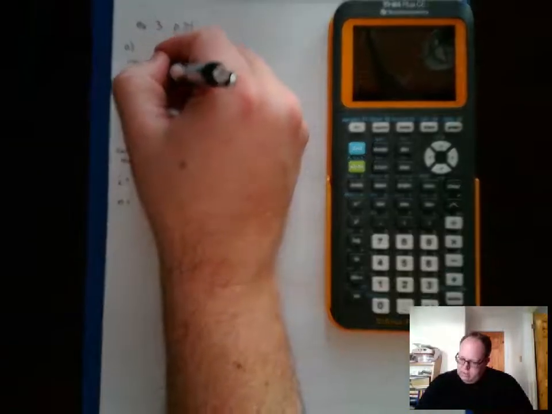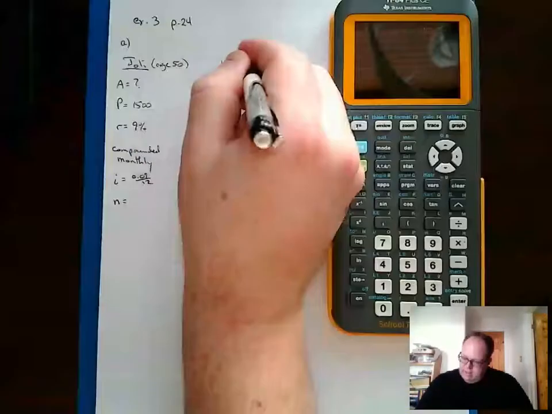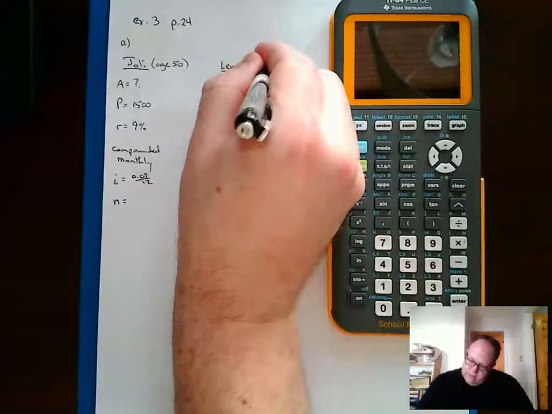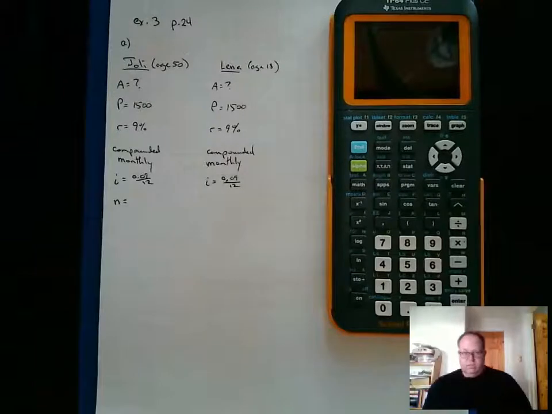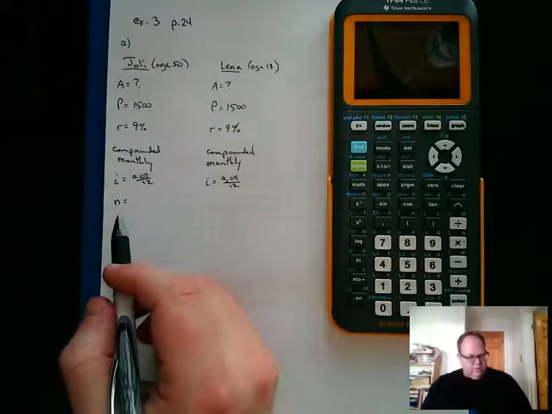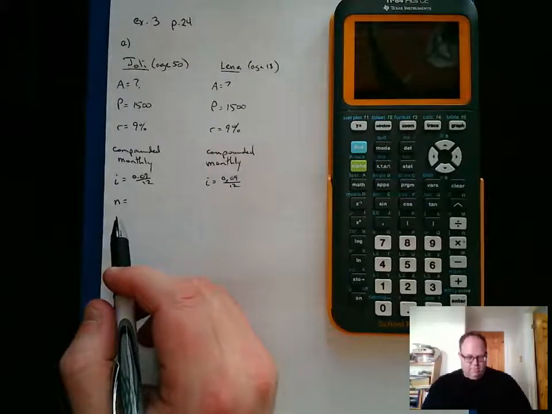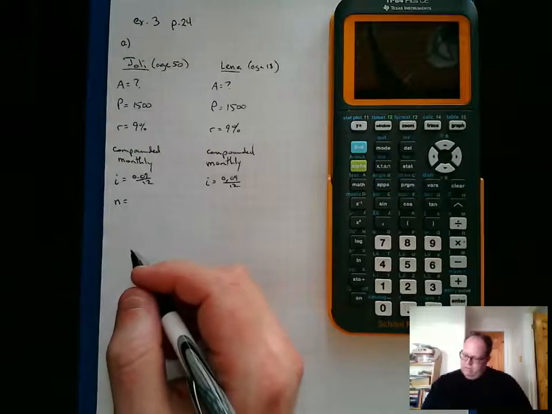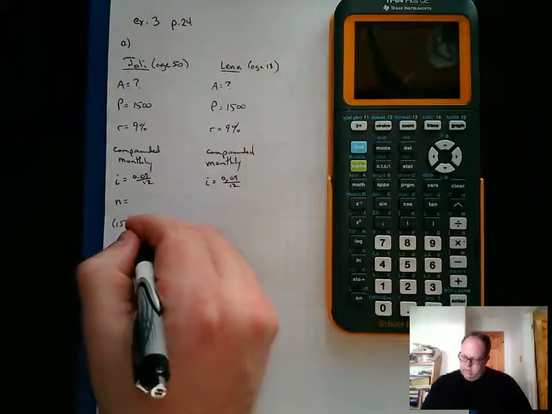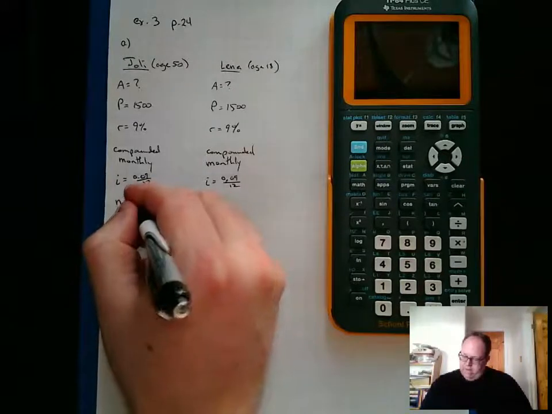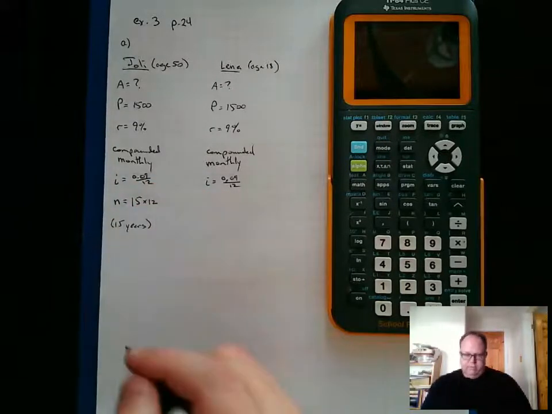Jolie, I assume that's how we pronounce that, is age 50 and Lena is age 18. So, for Jolie's investment, she's going up to age 65, which means she will be investing for 15 years. So her n value will be 15 times 12.